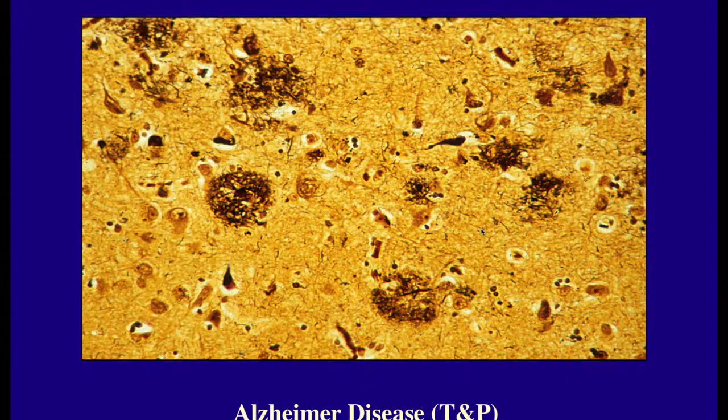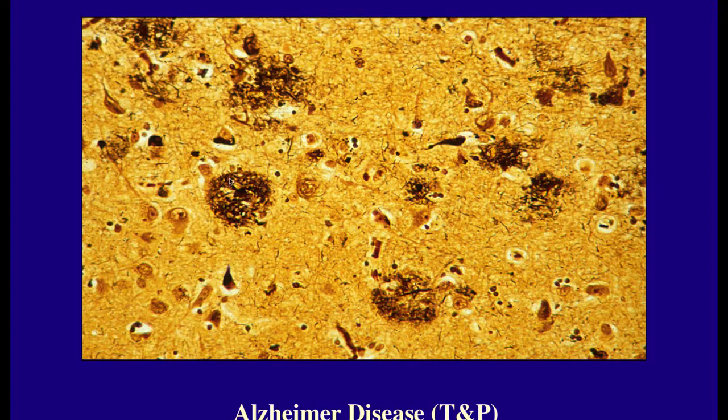So just to show you a few more examples of plaques and tangles in the Alzheimer's disease brain. Again, these large Brillo pad-like protein aggregates that occur within the neuropil are the senile plaques. You can see that they're much larger than the neuronal cell bodies that are adjacent to them.